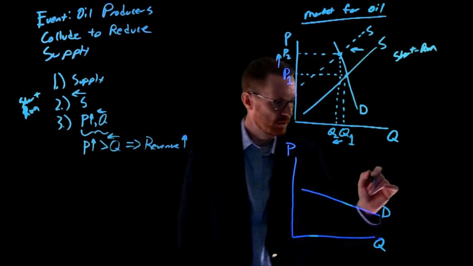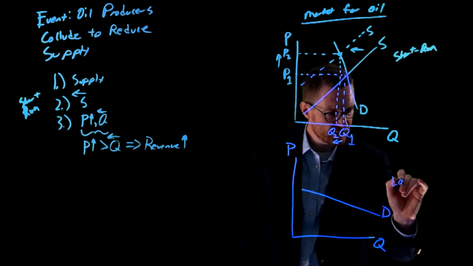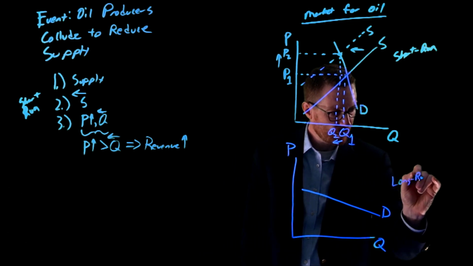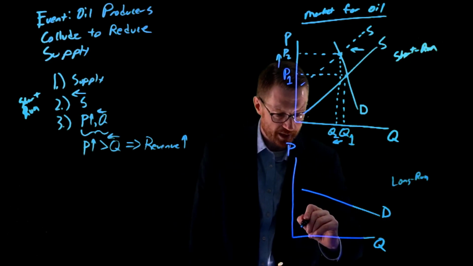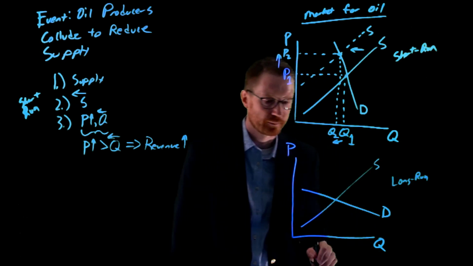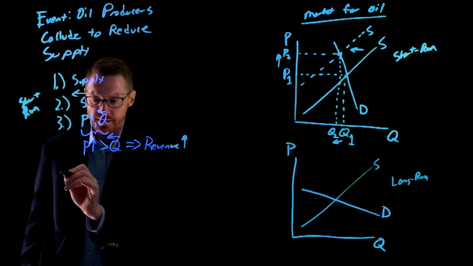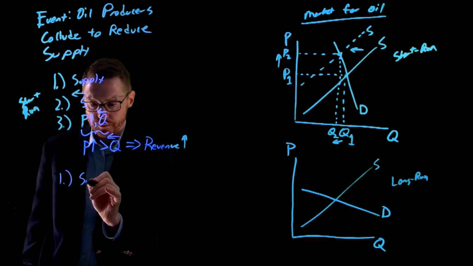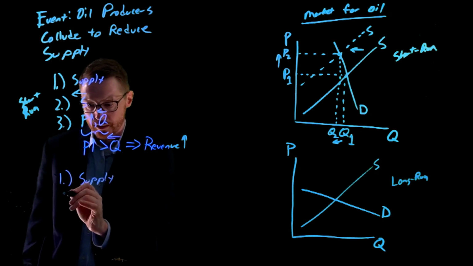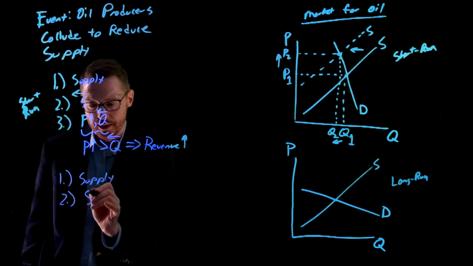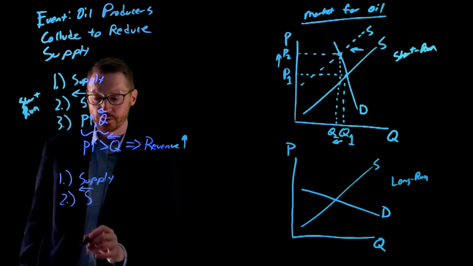All right, so what's our result of this? So this is our long run model. So we've got to add a supply curve to it. And what were our three steps? Which curve? Supply. Which direction? Well, they're still colluding to try and reduce supply.